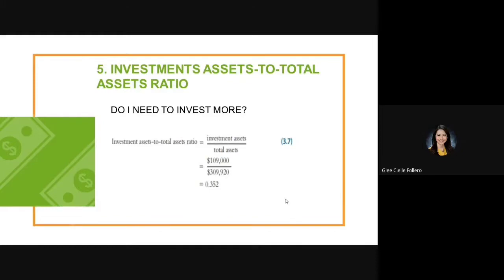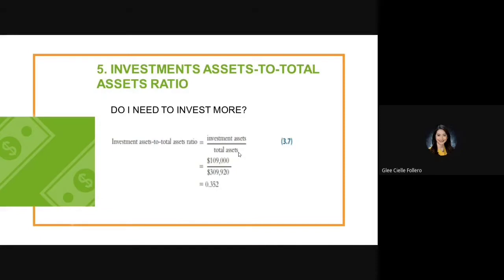So it answers the question, do I need to invest more? The formula to compute for the investment assets to total assets ratio is equals to investment assets over the total assets. A ratio of 50% or higher is desirable.